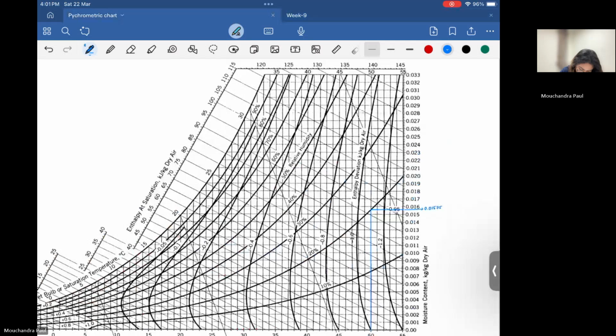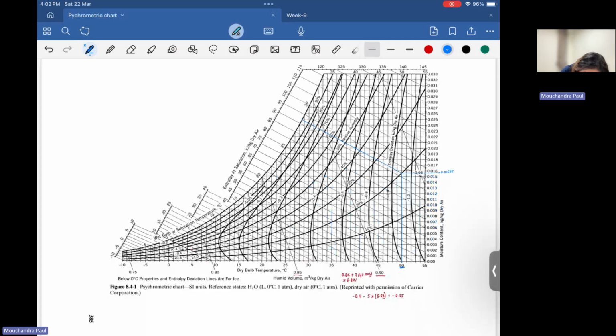So from here we have to draw a diagonal line like this, and from this point, we have to extend a vertical line.